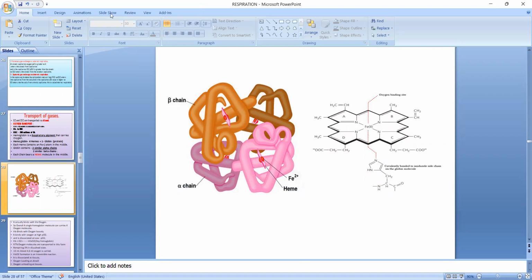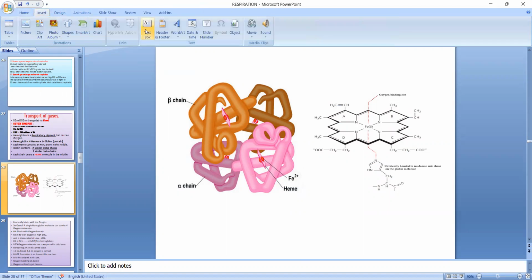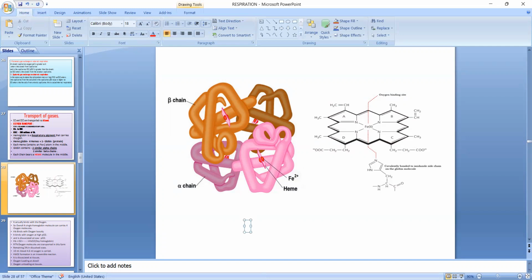And I would like to tell you one more thing. If this central iron, Fe+2, is not present, then that heme is called porphyrin.